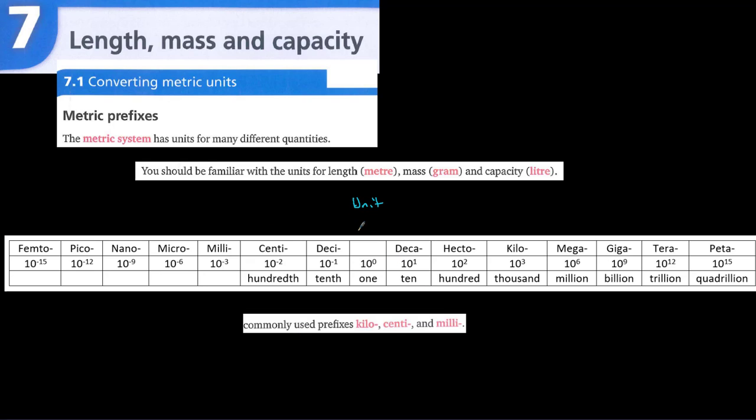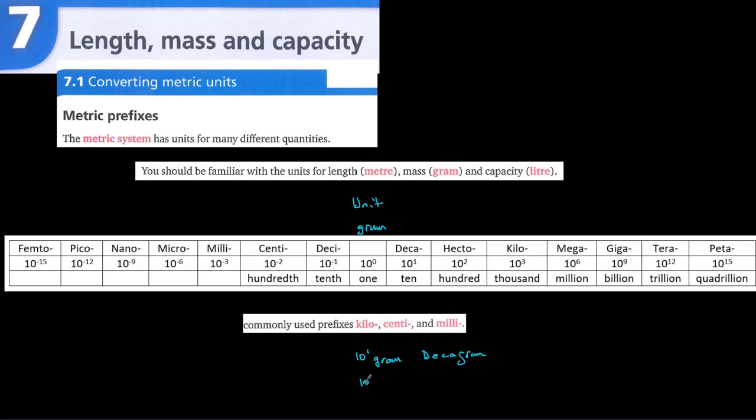Okay, let me explain on the table what it means. If my unit is liter or gram, let's choose gram. If you multiply by 10, or I can explain like this, 10 to the power of 1 gram is going to be decagram.